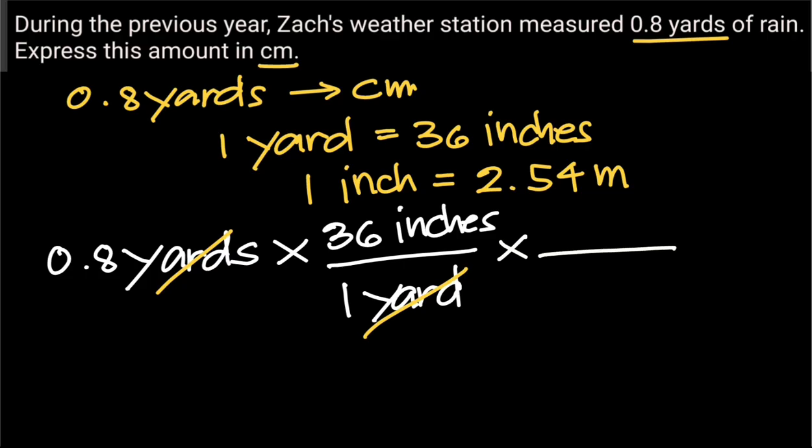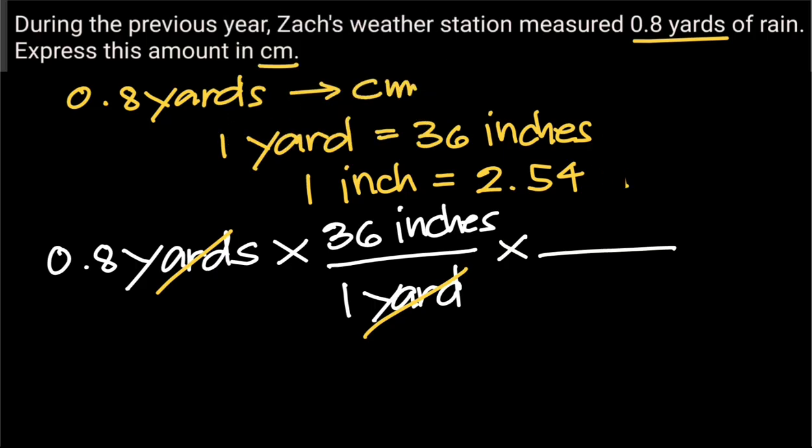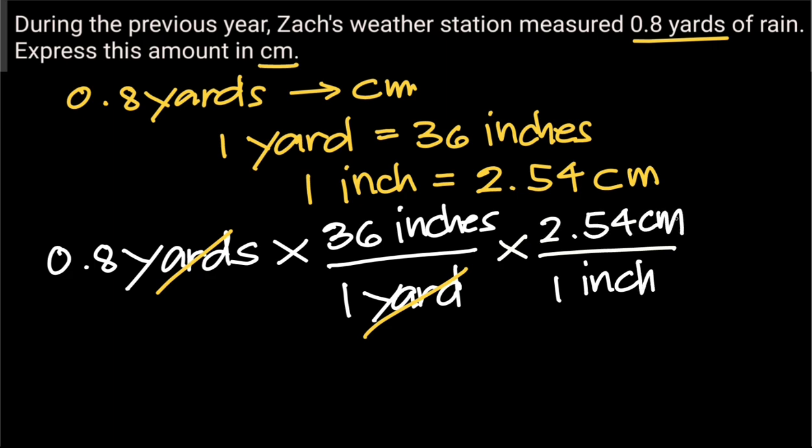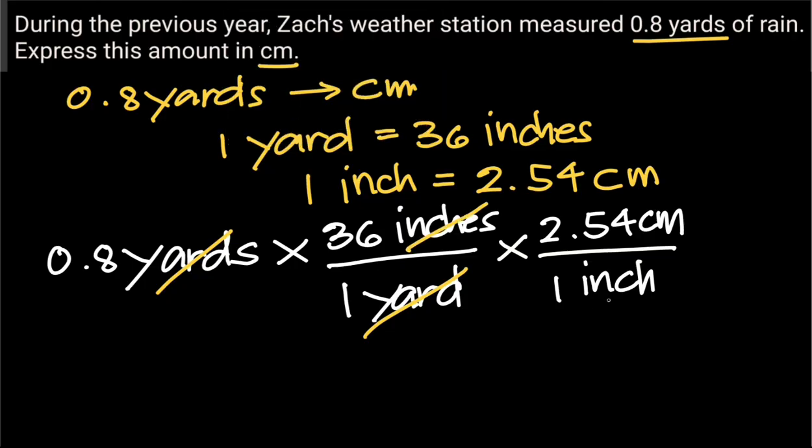So we use the conversion factor between inch and centimeters. One inch is equal to 2.54 centimeters. Inch goes here, and centimeters goes here. So we can cancel out the inch unit.